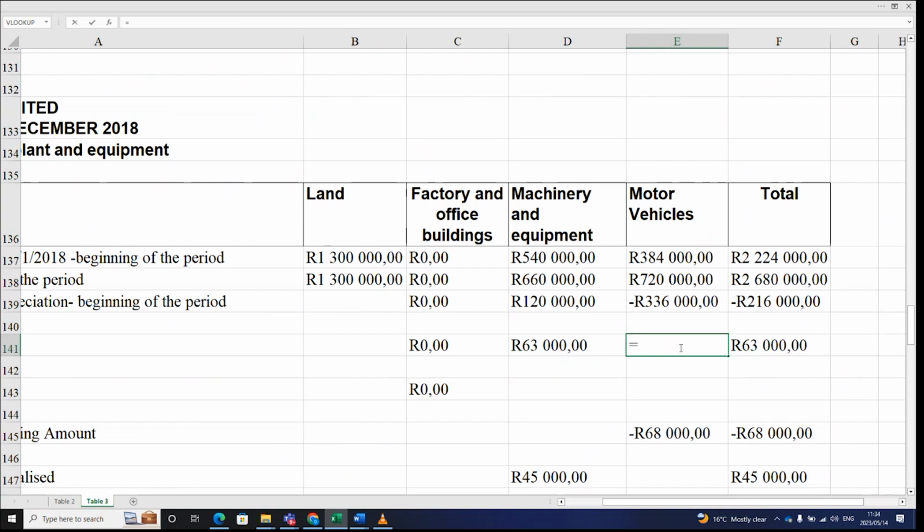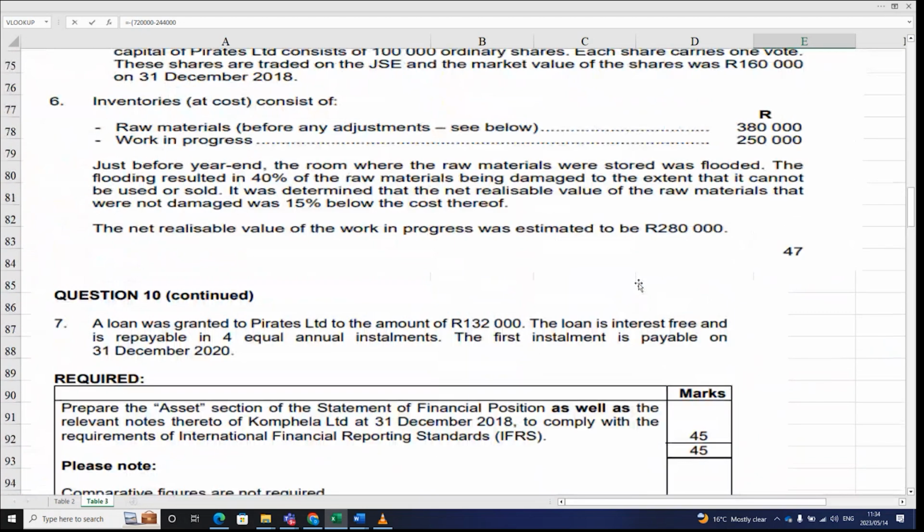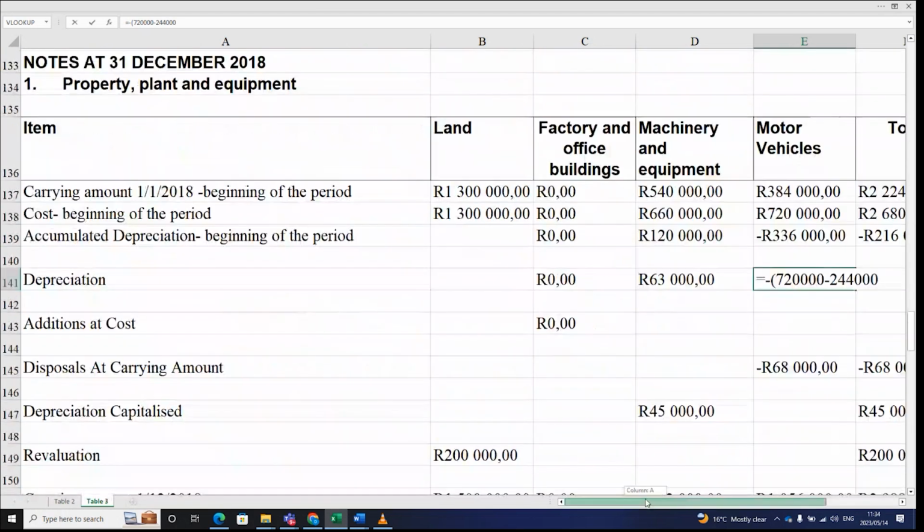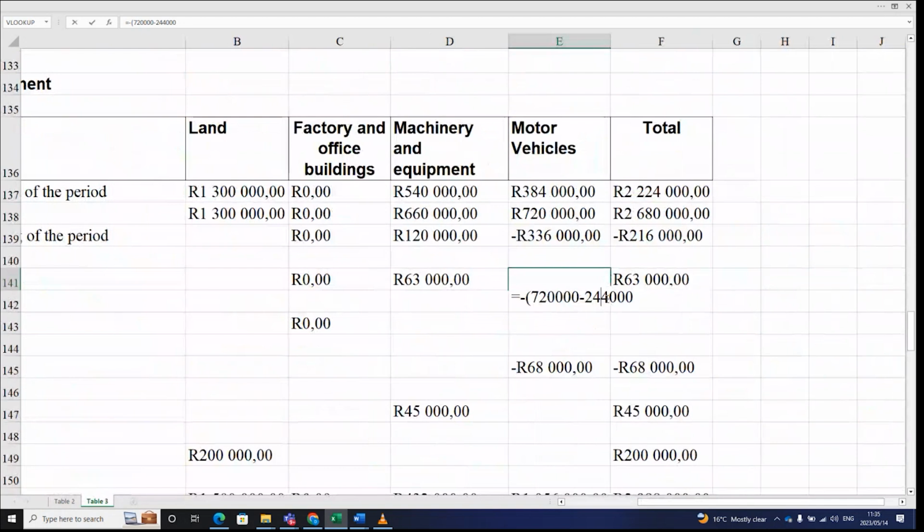So to get the cost of those assets, we will first have to say, let's put it negatively, 720,000 minus 240,000, which is the cost of the asset that was disposed, then multiply that by 20%.